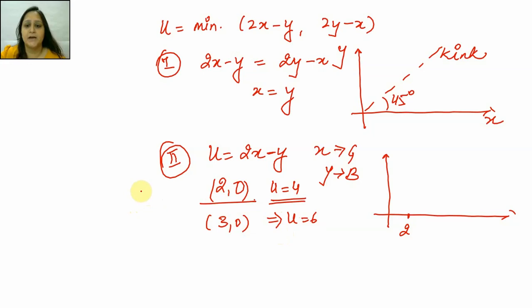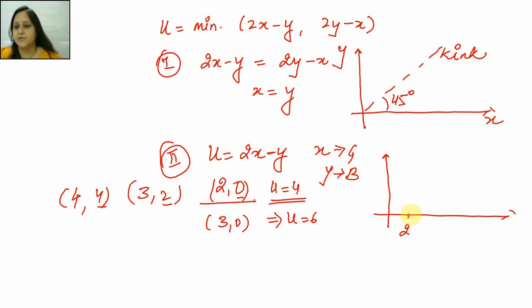Can I look at a point like 3, 2? Yes, I can. What other point can I look at? Can I look at a point like 4, 4? So you see, my y is increasing at a higher rate as compared to my x.